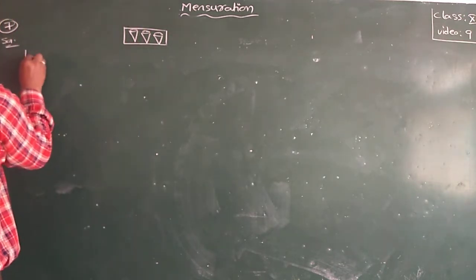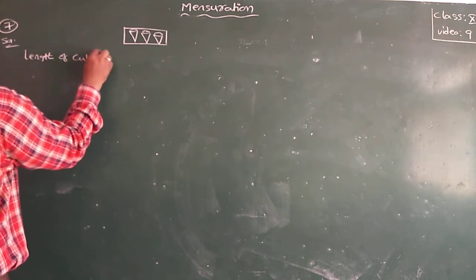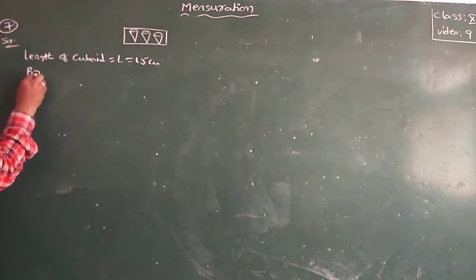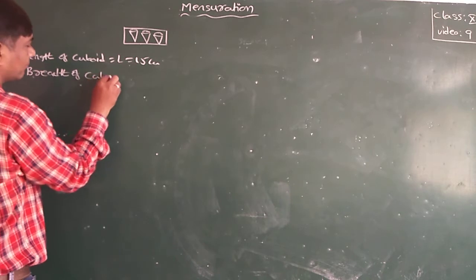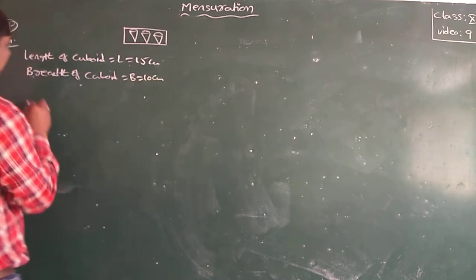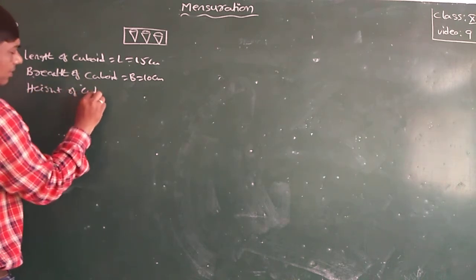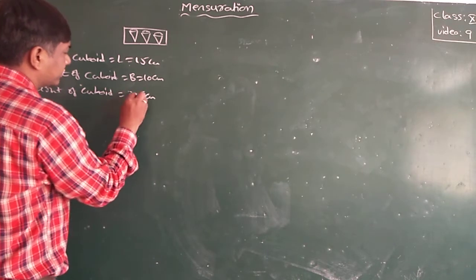So length of the cuboid L is equal to 15 centimeters. Breadth of the cuboid B is equal to 10 centimeters. And the height of the cuboid is equal to 3.5 centimeters. Check once.